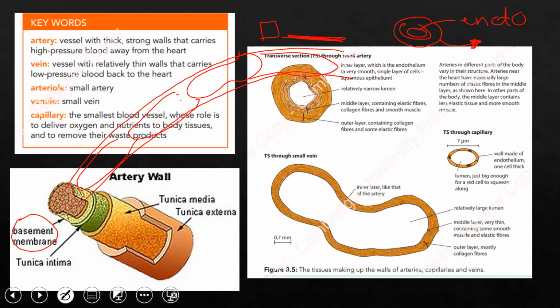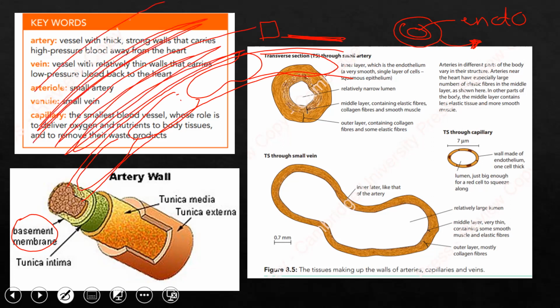And when this layer is on the inside of a capillary, if this is the inside, then this must be the intima, this must be the media, and this must be the externa. Intima, media, and externa, right? So for this reason, this one layer is known as the endothelium of squamous cells, a smooth single layer of squamous cells or squamous epithelium.